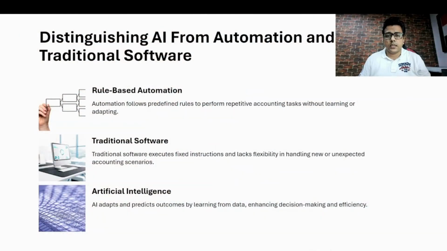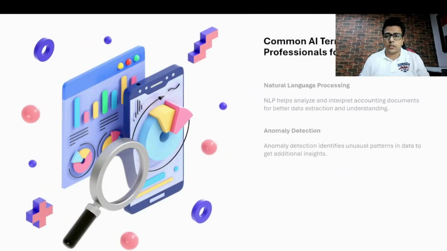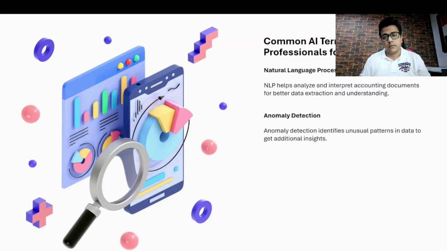In the context of chartered accountants, there are certain common AI terms tailored for chartered accountants or accounting professionals. First is NLP, natural language processing, which helps you analyze and interpret accounting documents, accounting data, or taxation-like things with just normal instructions.